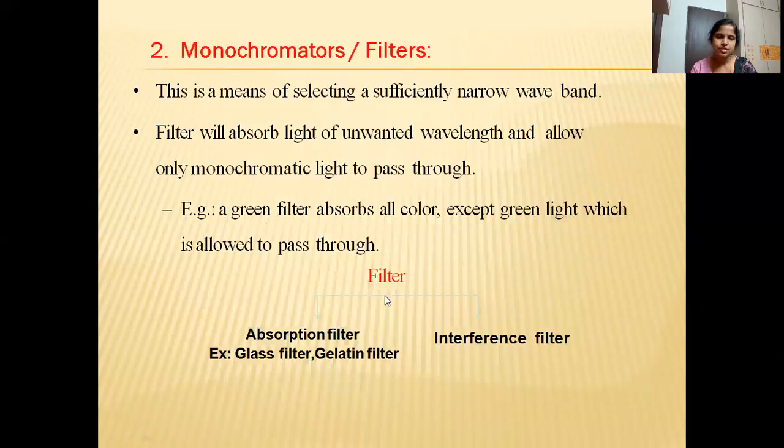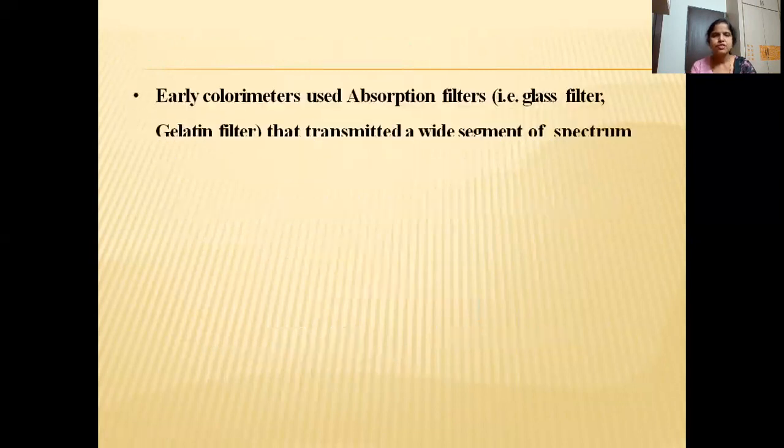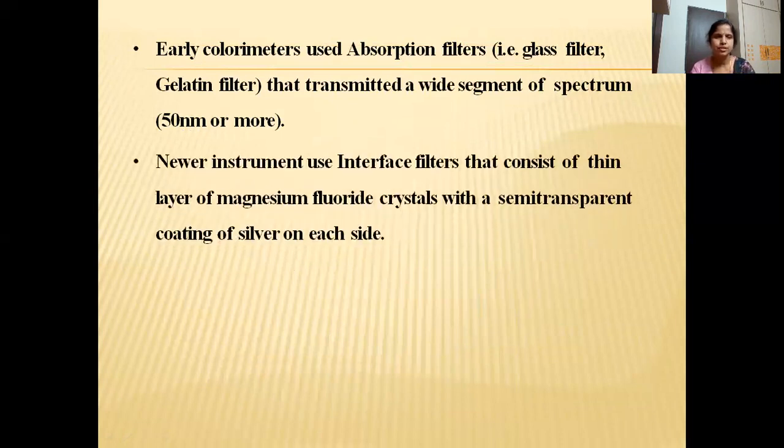We can also use filters. Two types of filters we have here: absorption filter and interference filter. Examples of absorption filters are glass filter and gelatin filter. The main difference between these two is that the absorption filter has a wide spectrum, around 50 nanometers or more, meaning the wavelength width will be more than 50 nanometers.